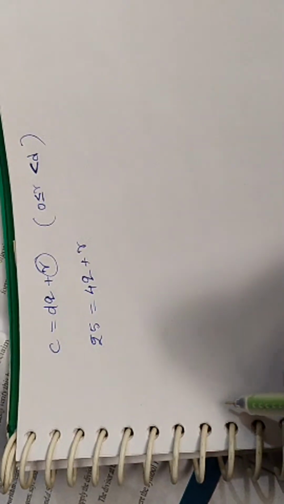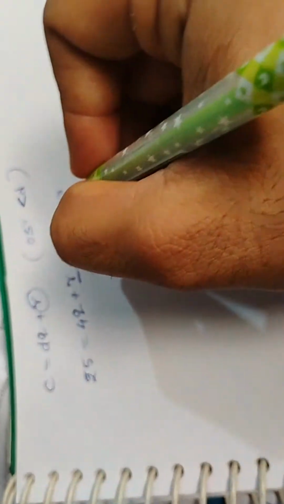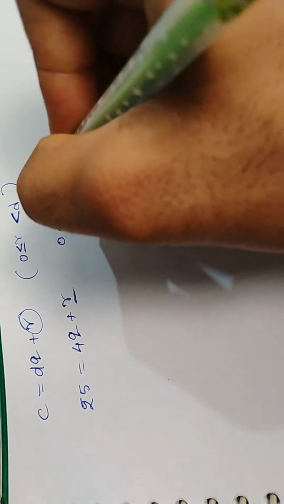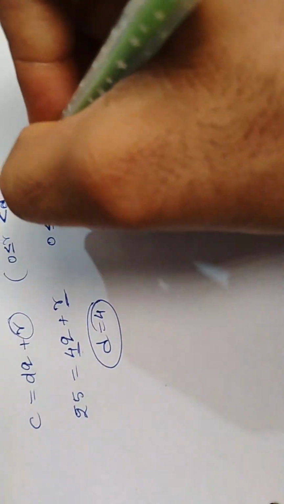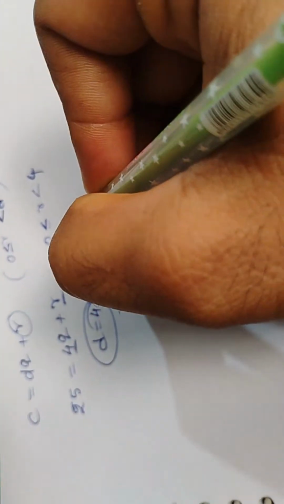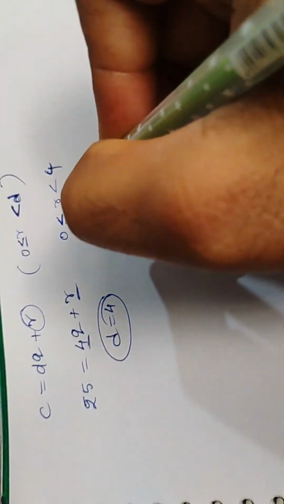You can take from 0 also. For example, 25 is equal to 4 times q plus r. What are the possible values of r? 0 less than or equal to r, and r is less than 4, because d is 4.